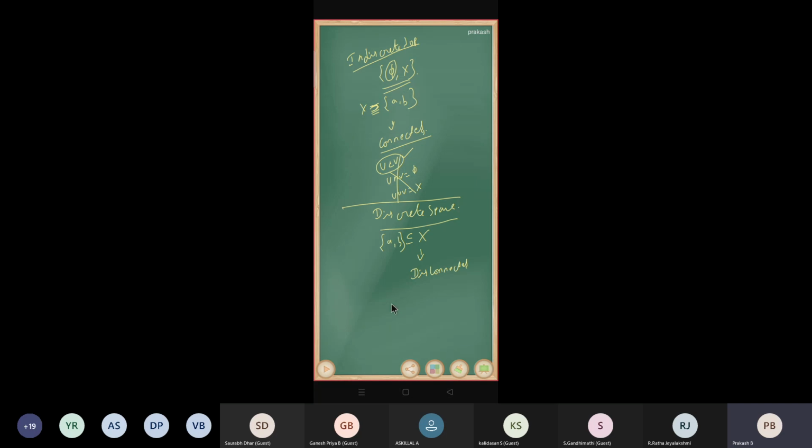Therefore, the singleton {a} is open, and also every set is closed in a discrete space, therefore the singleton {a} is also closed. So it is a proper set because the space contains at least two elements. So it is a proper set which is both open and closed, right? Therefore, it is not connected. Okay.